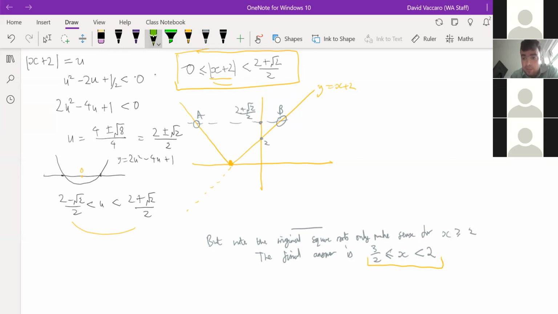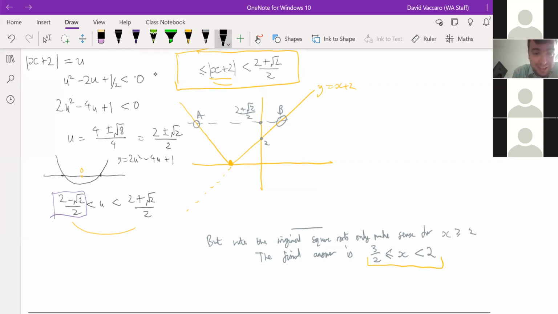Oh, sorry. Someone has saved me from a mistake. Yes, this 2 take away root 2 over 2 is actually positive. This is why it's nice to have a participatory audience.